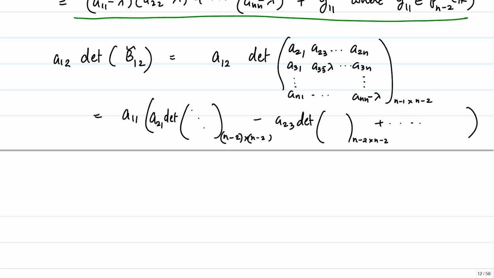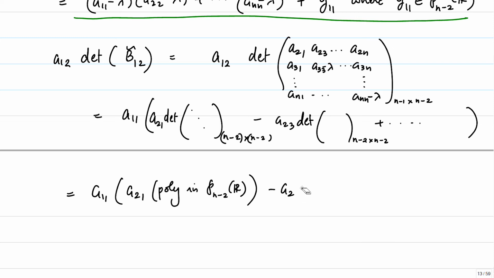The thing to notice is that by the previous proposition that we proved, this determinant will again turn out to be a polynomial of degree less than or equal to n minus 2. So this is going to be A21 times some polynomial in Pn minus 2 of R, minus A23 times a polynomial in Pn minus 2 of R. That's what matters, and so on.